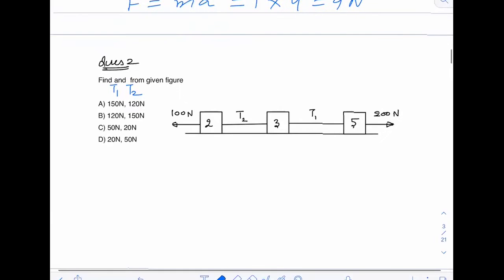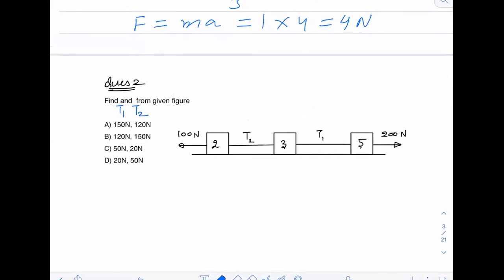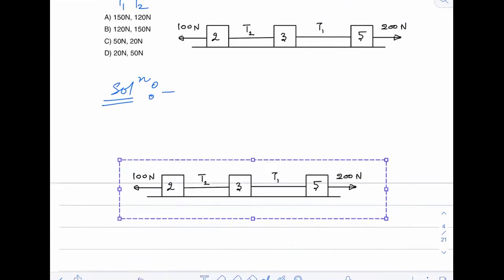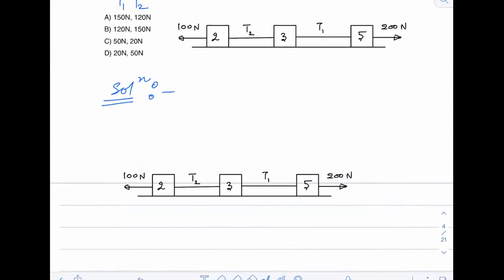Okay. See here, I'm solving this question. Now see this question here. Now see on the screen.